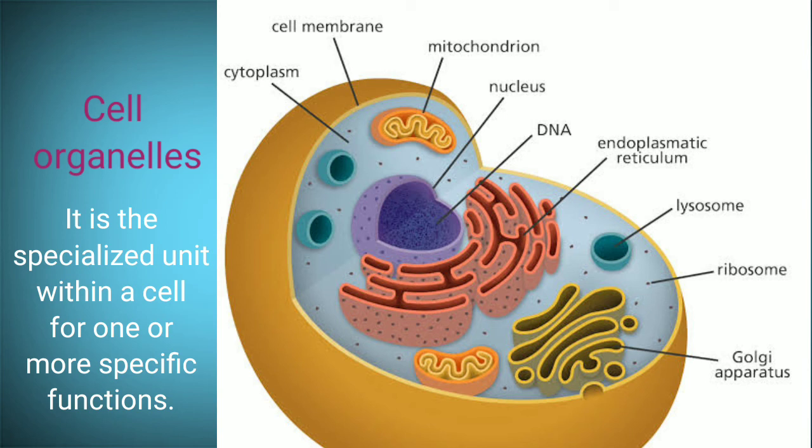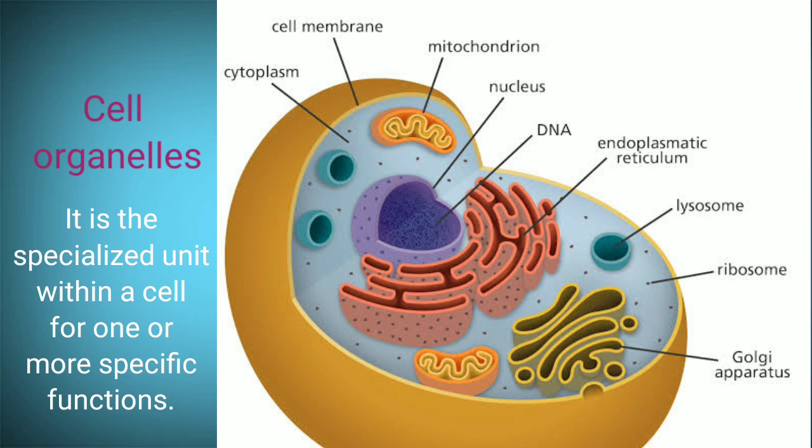And those organelles are endoplasmic reticulum, ribosome, Golgi apparatus, lysosome, vacuoles, cytoskeleton, plastids in the case of a plant cell. Then come the centrioles.